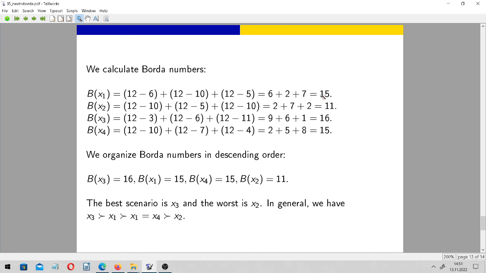But using this method without any changes, we obtain the following results and the following ordering: the best scenario is x3 because we have 16 points, so it's very far from the worst place, we could say. Then x1 and x4 have 15 marks, so they are not comparable.